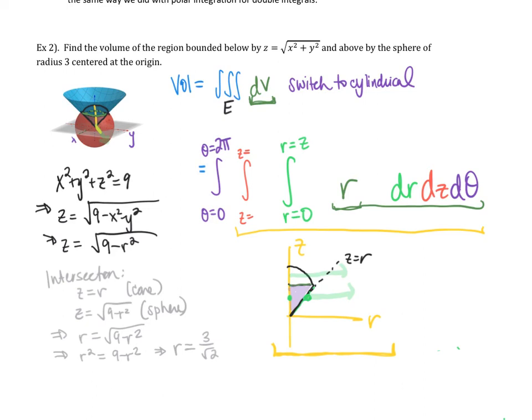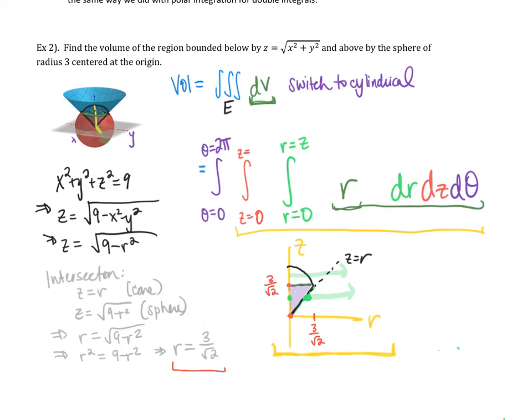And then I look at what are the largest and smallest z values. For just that purple part, z could be 0 or z could stop right here, and we need to figure out what that is. We saw over here that the intersection point was 3 over square root of 2. And since this is z equals r, my z is also 3 over square root of 2.